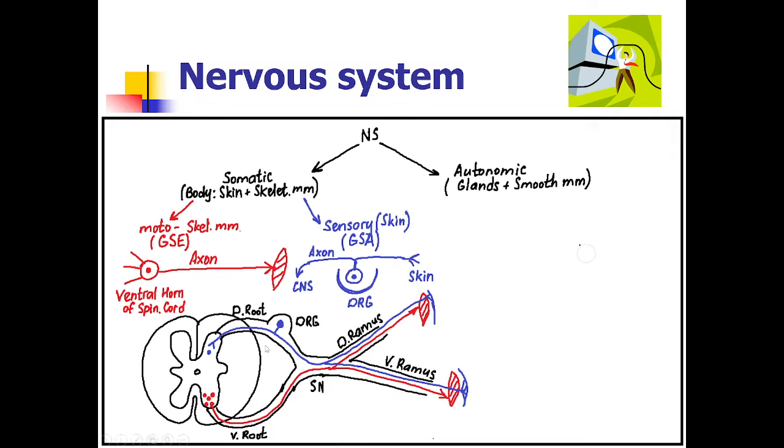And this gray matter I will subdivide into anterior horn or ventral horn, dorsal or posterior horn, and this lateral horn. And on the peripheral side I will have this white matter, which is mostly represented by the processes of my neurons.